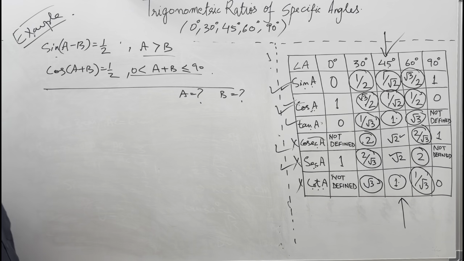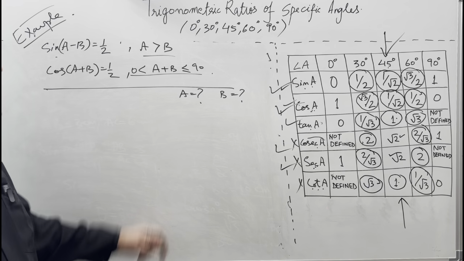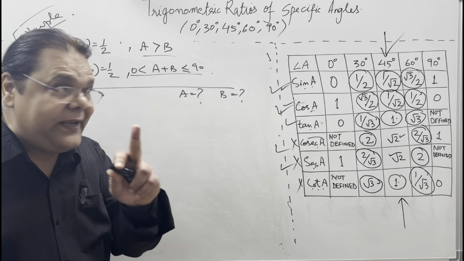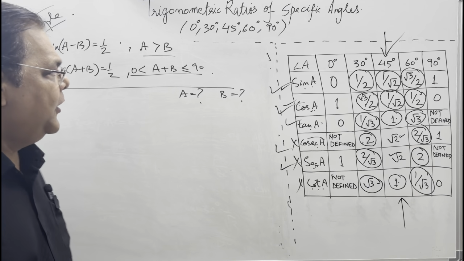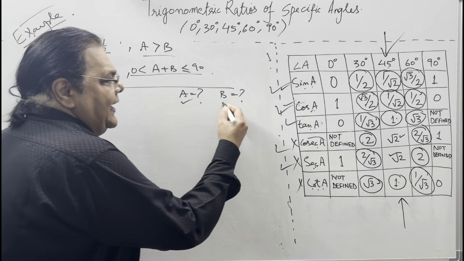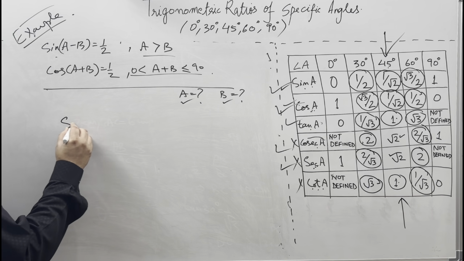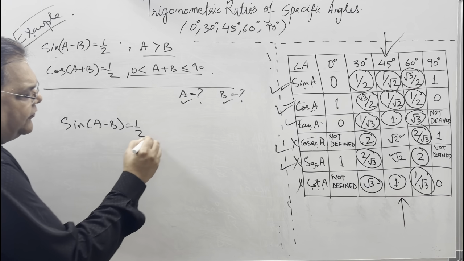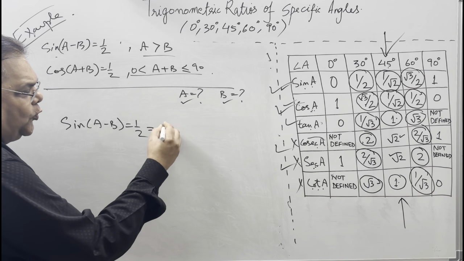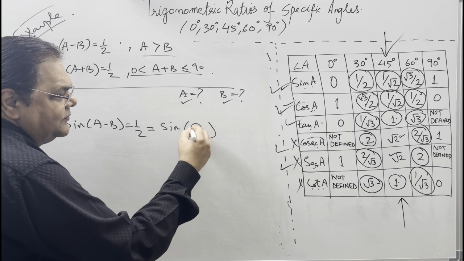Sine A minus B is equal to 1 by 2 and cos A plus B is equal to 1 by 2. It's given A is greater than B and A plus B is greater than 0 and less than or equal to 90. You have to find angle A and angle B. So sine A minus B is equal to half, which is equal to sine of some angle.